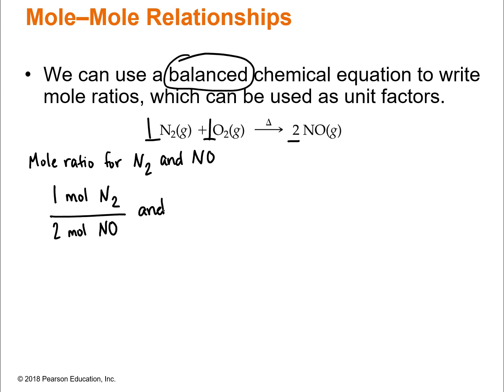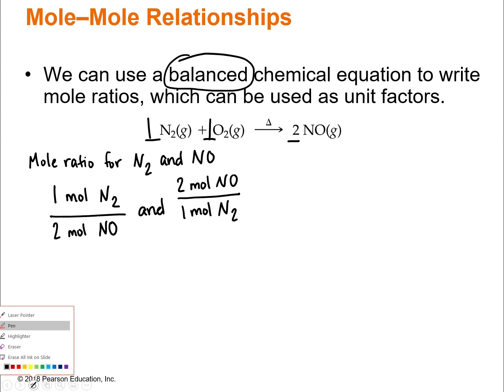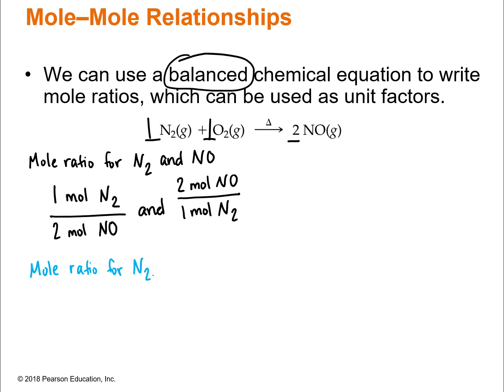With unit factors, they always come in pairs. We wrote 1. The second one is simply the reciprocal. You put the 2 moles of nitrogen monoxide on top, 1 mole of nitrogen gas on the bottom. Let's do another. This time, we'll look at nitrogen gas and oxygen gas.